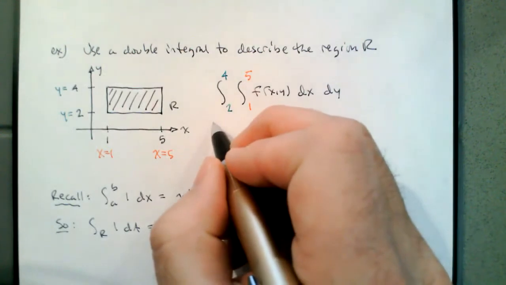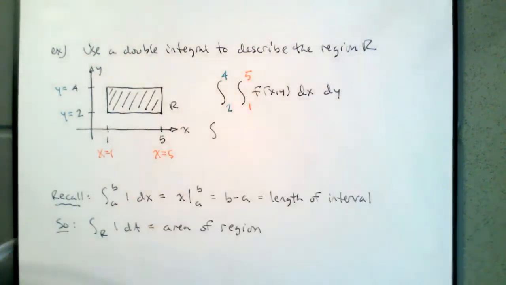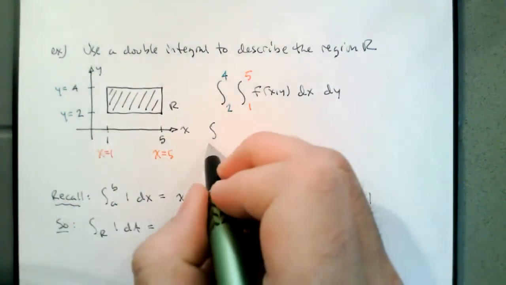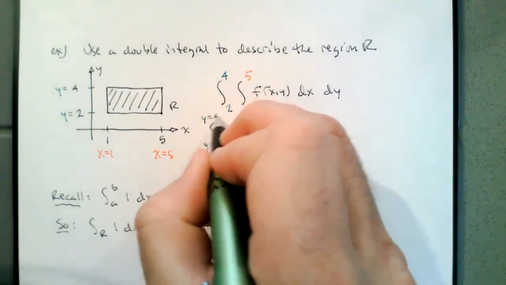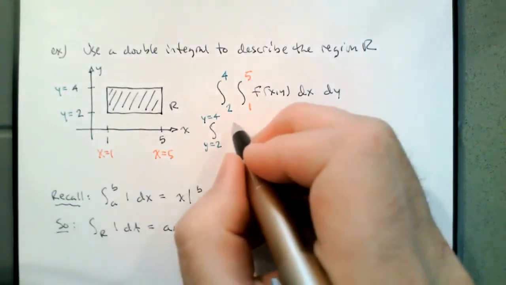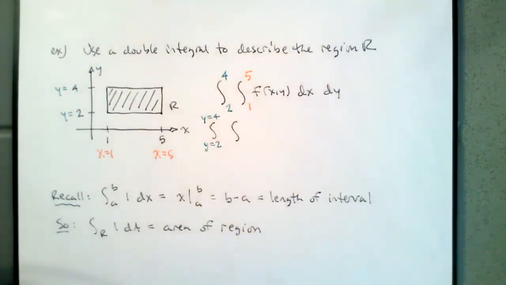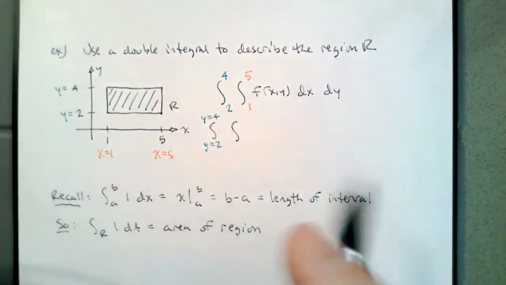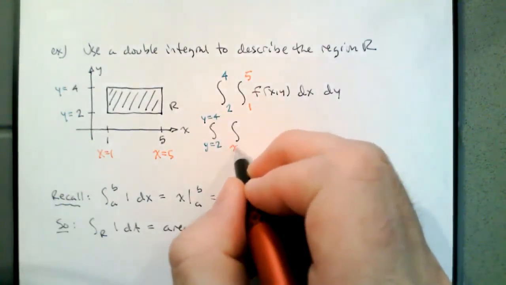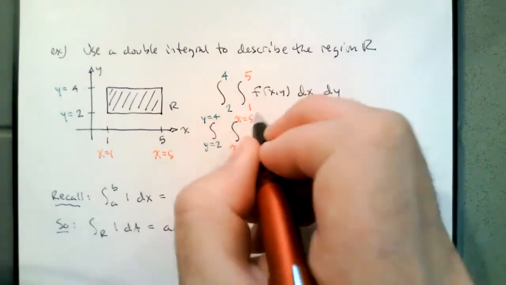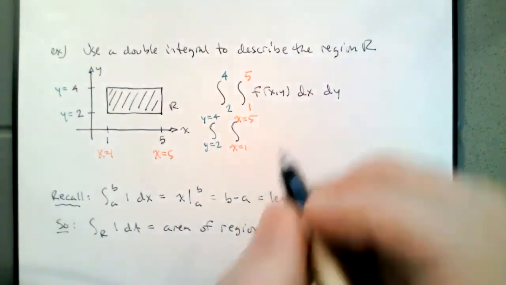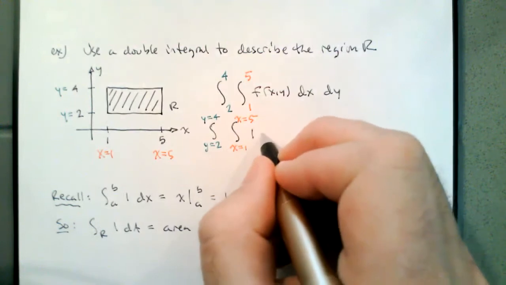So if we integrate, I'm going to remind ourselves that 2 to 4 is a y integral. And then I'm going to remind myself that 1 to 5 is an x interval. If we integrate the function 1, that should just give us the area of the region.